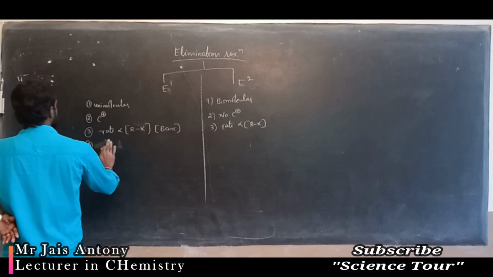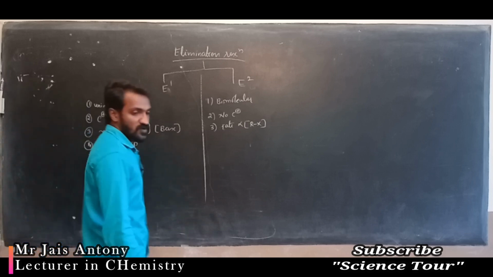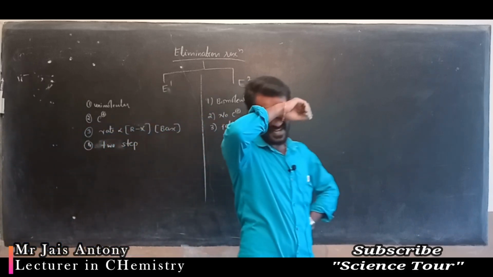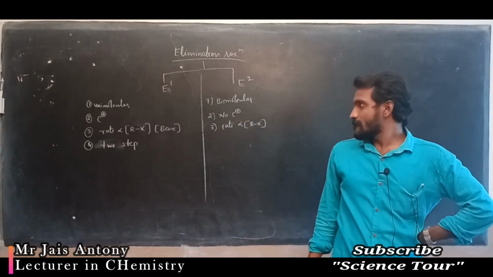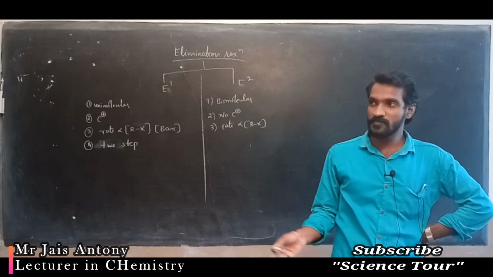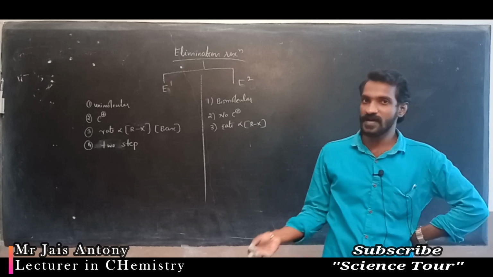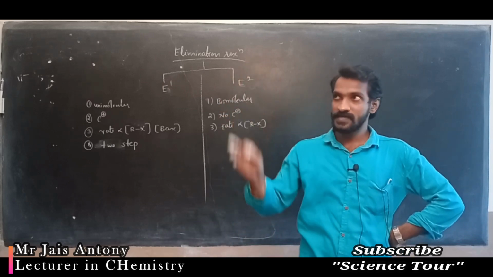Okay, right. A two-step reaction takes place in E1. What is the two-step reaction in this particular case? Tell me why it is a two-step reaction. Two-step means first carbocation formation, that means the leaving group leaves this particular carbon. After that, carbocation formation, which I explained in SN1 and SN2.